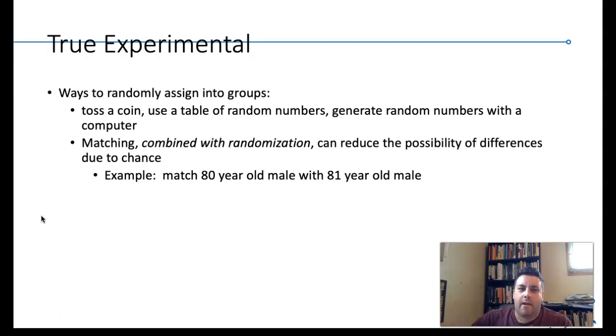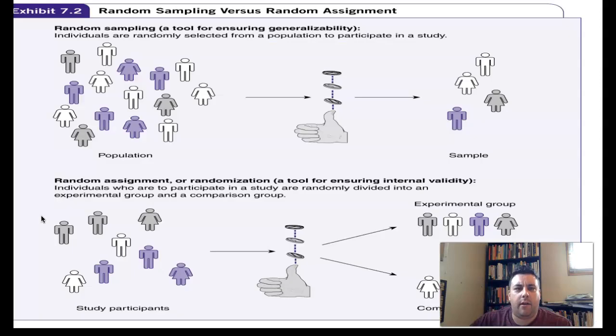Sometimes they do this thing called matching, where they match participants in the treatment and control groups on certain characteristics to ensure that there's no chance of randomization error.